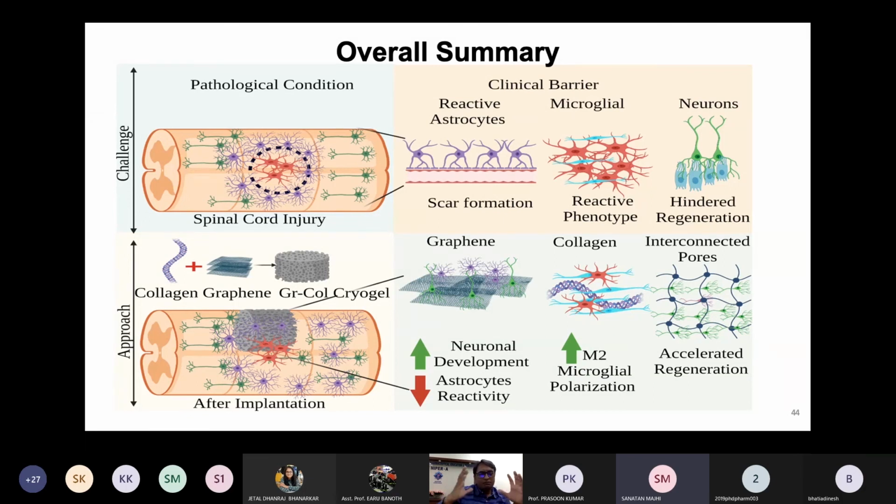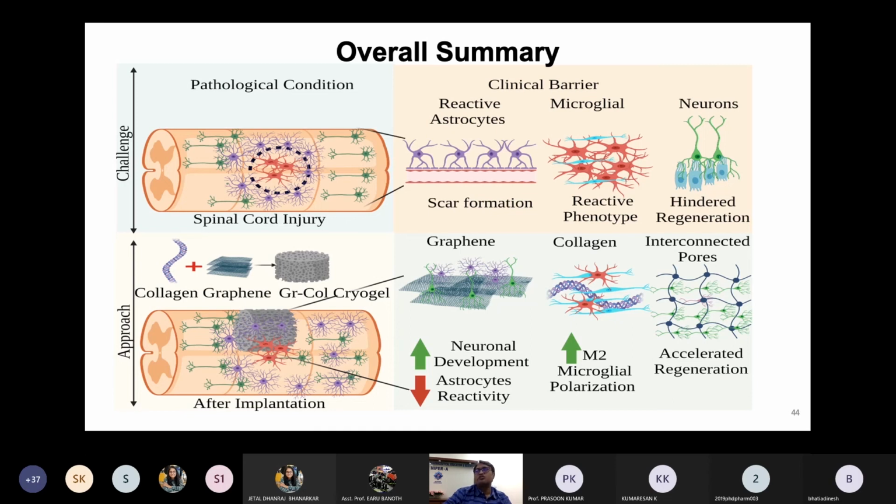So we're still doing many other experiments to confirm whether GR call can be used as an implant material for spinal cord regeneration. We have also conducted the BMSC delivery. I'm not showing that data here. It will come over time.